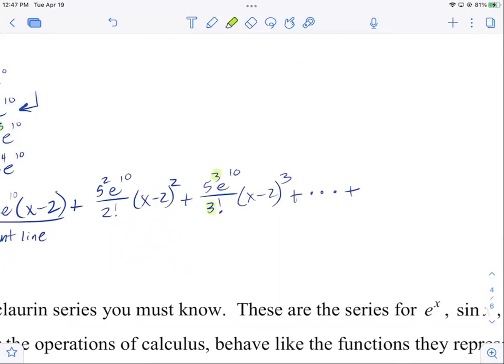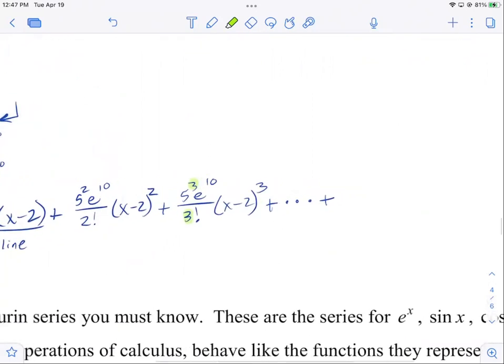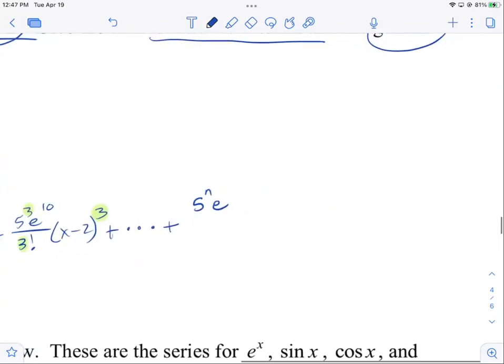I hope so, because we kept the powers of 5, which kept coming by chain rule, chain rule, chain rule. We didn't write them as 5, 25, 125. We see that it's going to be the same as the factorial in the bottom and the exponent. So the nth term will be 5 to the nth times e to the 5n.